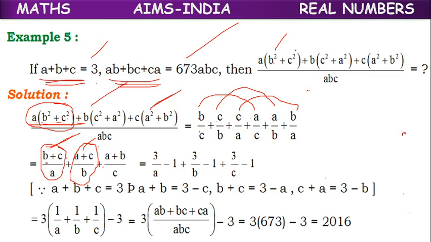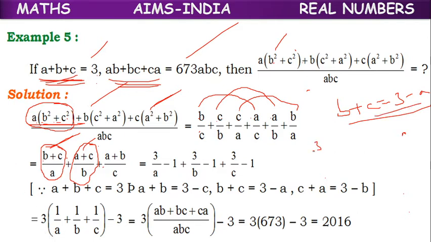Okay, so b plus c. But what is b plus c value? We know that a plus b plus c equal to 3. So then what is b plus c value? a will go that side, we can write 3 minus a.